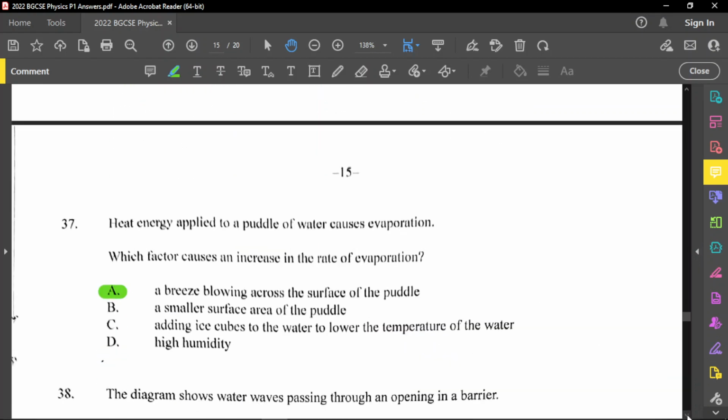Question number 37 reads that heat energy applied to a puddle of water causes evaporation. Which factor causes an increase in the rate of evaporation?